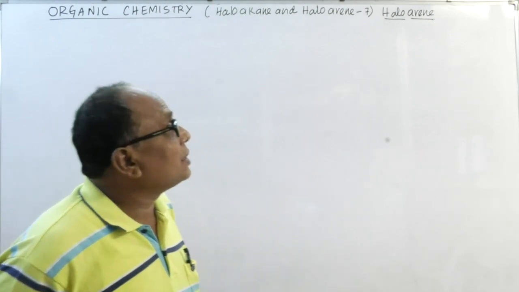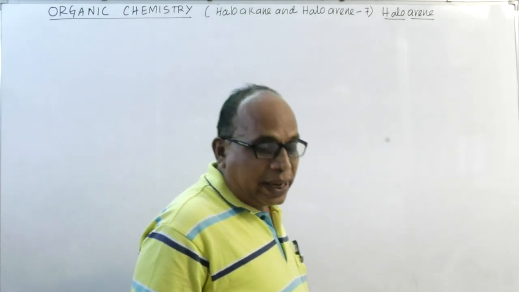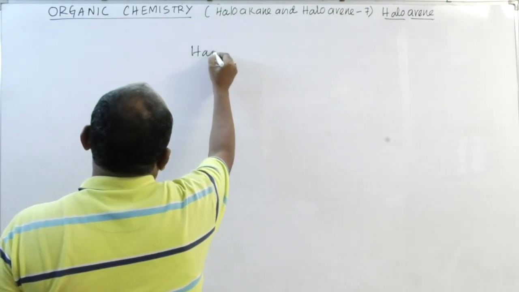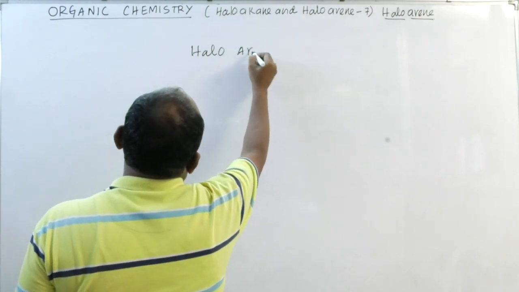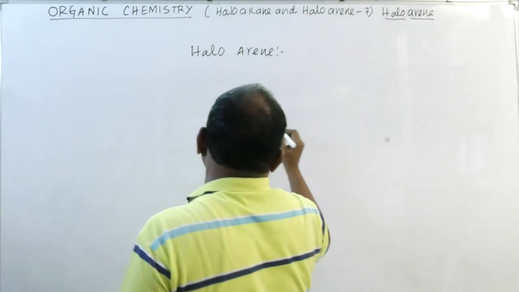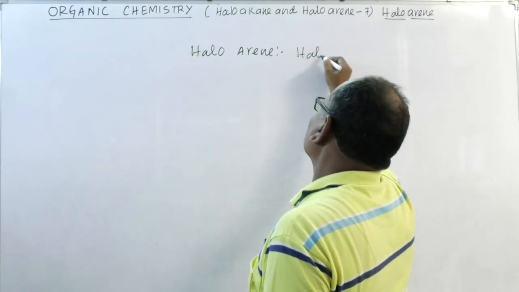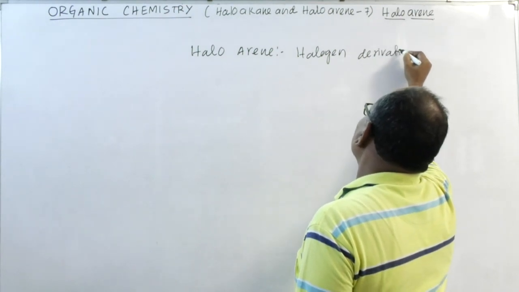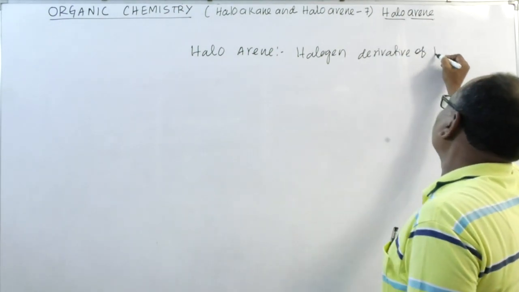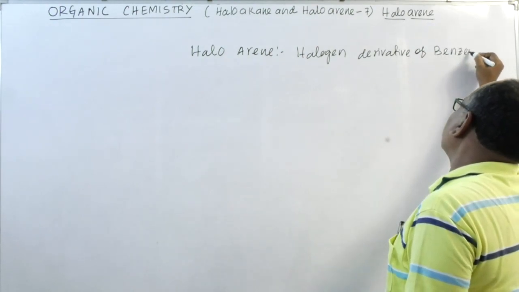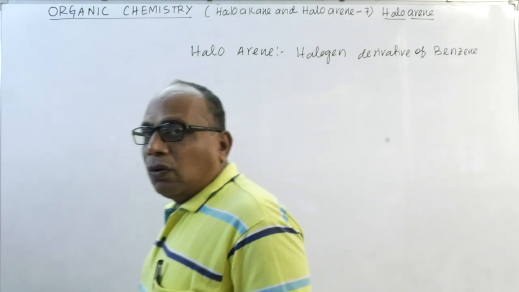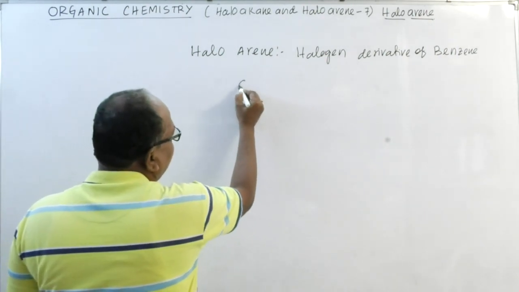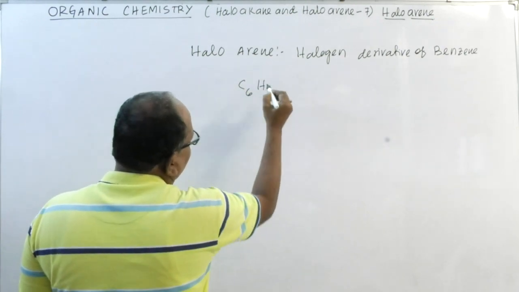Today we will start to discuss the haloarenes. Haloarenes means the halogen derivative of benzene. You know the molecular formula of benzene is C6H6.